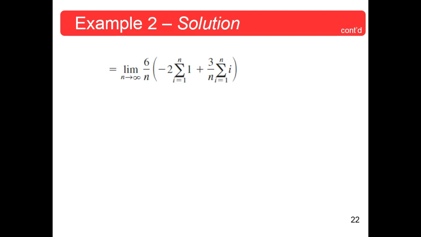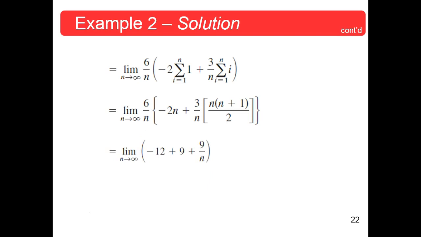So we'll plug those in. So minus 2 times n. So we've got the limit as n approaches infinity of 6 over n times the minus 2n, plus 3 over n, that's on the outside, times n times n plus 1 over 2. So they're going back to doing all this stuff again. I'm so sorry.